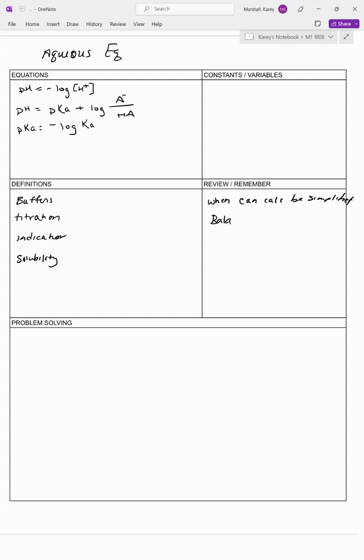You should remember how to balance equations. You need to make sure that you can read those solubility rules and know what are strong acids and strong bases so that you can tell if you have a weak acid or a weak base. You should also know what it means in a Ksp.